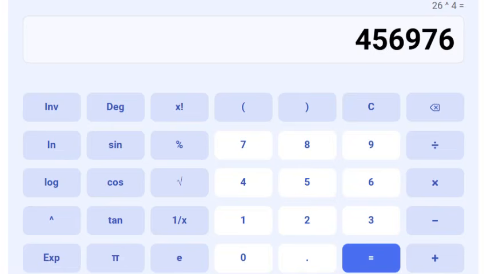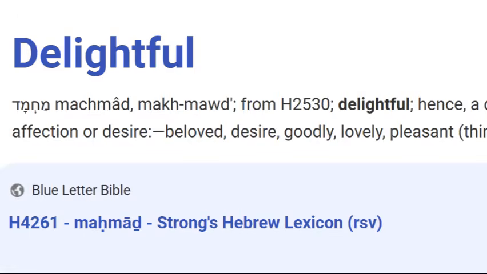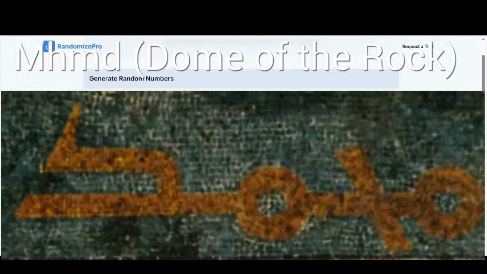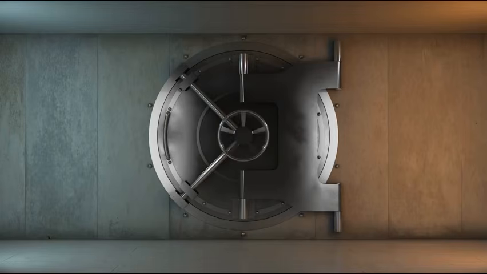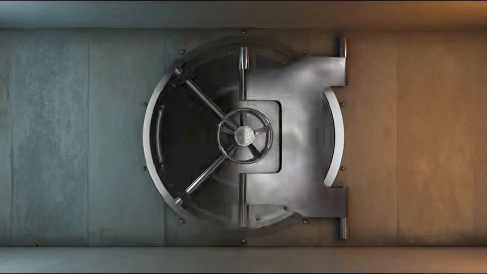Okay, so running this thought experiment through, what are the chances of a random code made up of Hebrew letters forming the word Mahmad? That's what we're going to look at today. We're going to look at what are the chances of a random combination of Arabic letters forming Mem Ha Mem Dal, and also what are the chances of both of them coinciding.